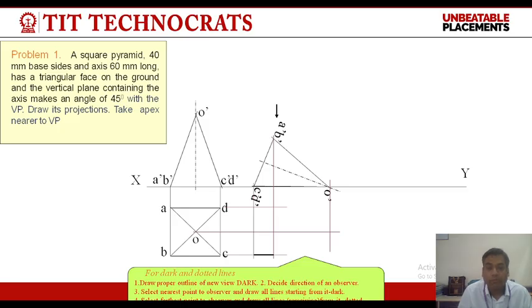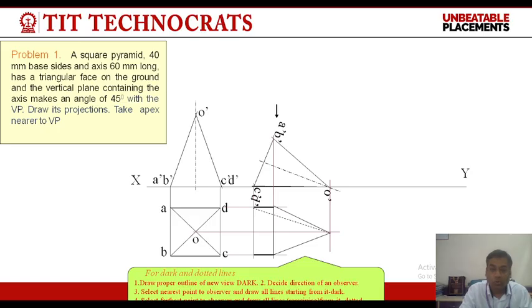So from the top we can see the base of the pyramid. So we will first complete the base using dark line, then the outer boundary, and as OC and OD lie on the bottom of the pyramid, they will not be visible from top.